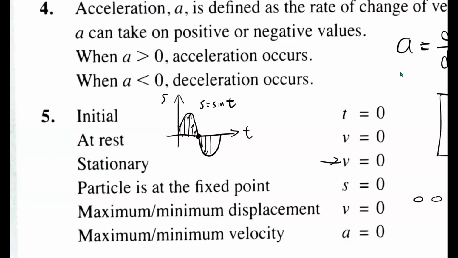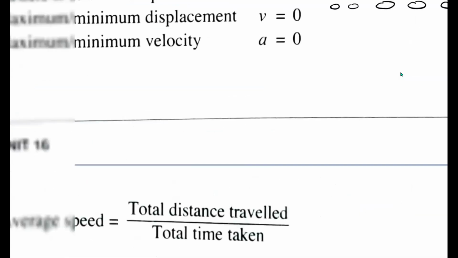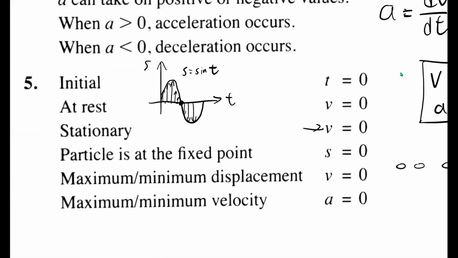Then negative means you move towards the left. Just now positive means it's moving to the right, and then eventually it goes back to 0. So it moves to the right and goes back to the original place, then it moves towards the left and goes back to the original place.